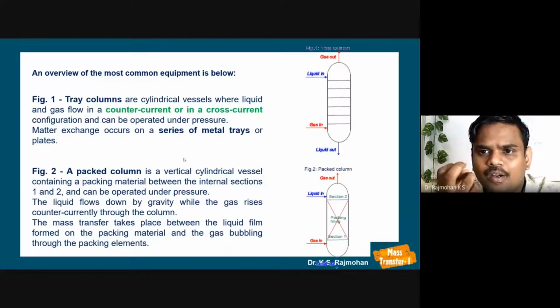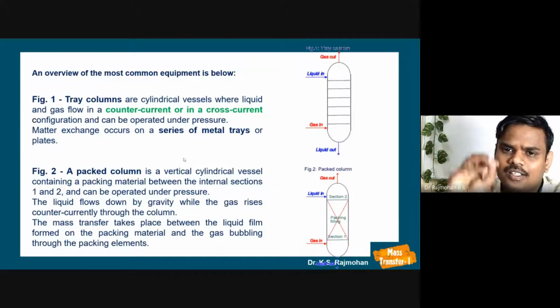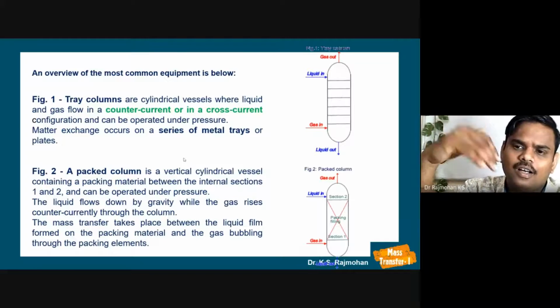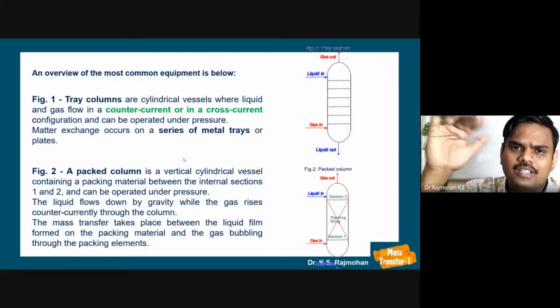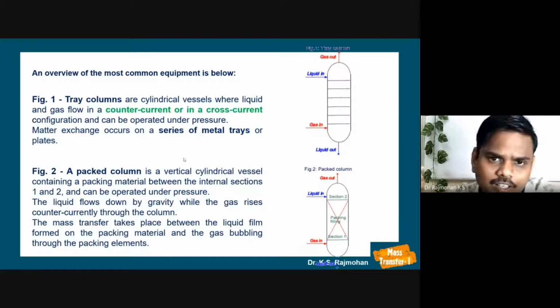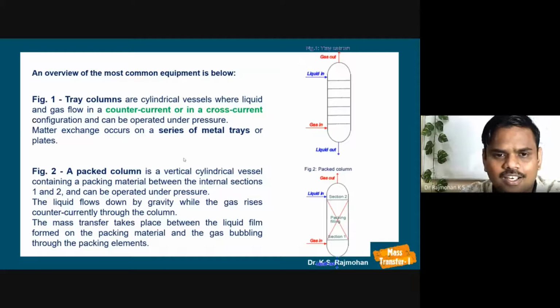How much time a bubble takes from the bottom of the liquid to the top of the liquid, that is the contact time. Once it reaches the top, it gets into the upper open space, gets disengaged and goes to the next plate, and through the bubbles it gets into the next plate. So that way it will be moving. These two are the most commonly used gas liquid contactors.